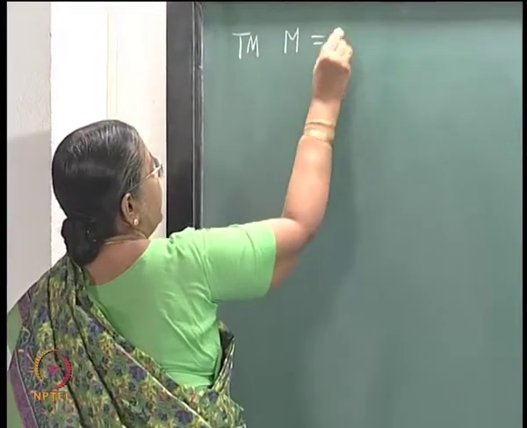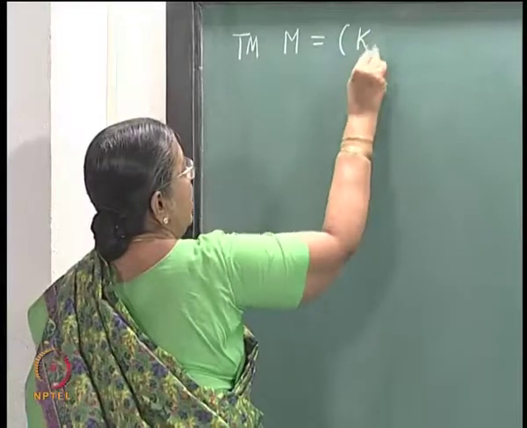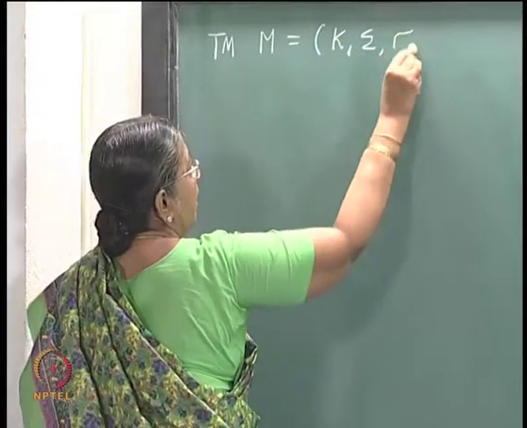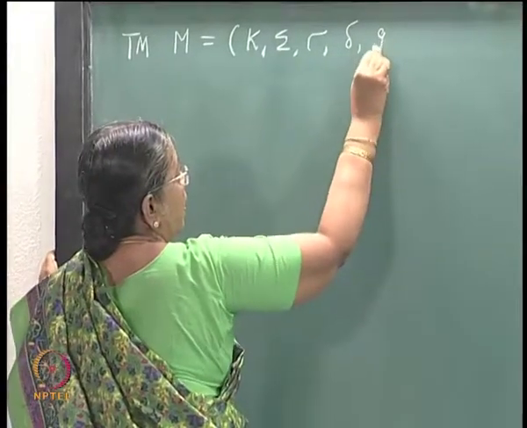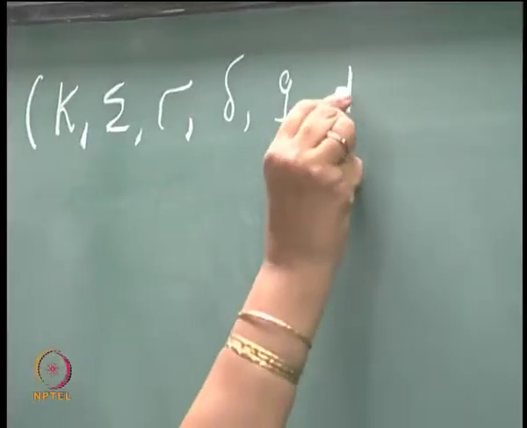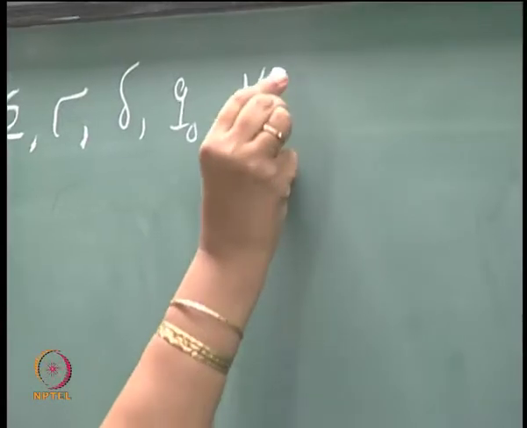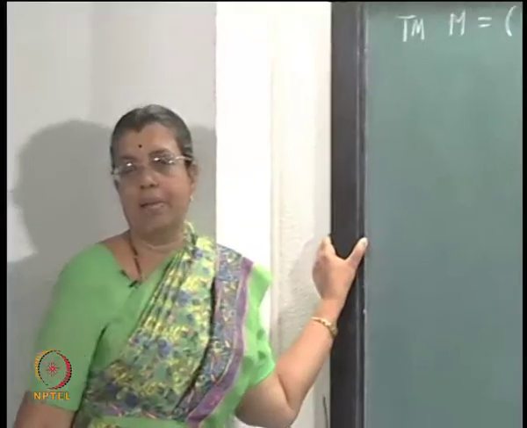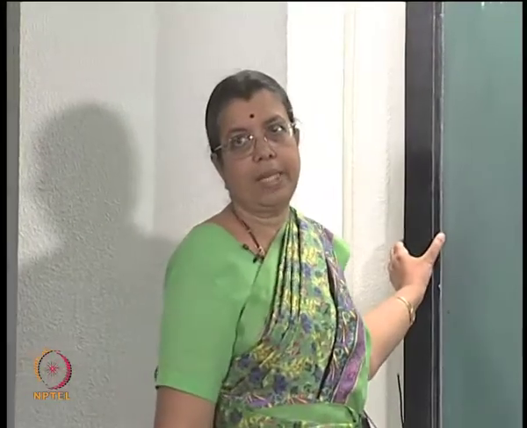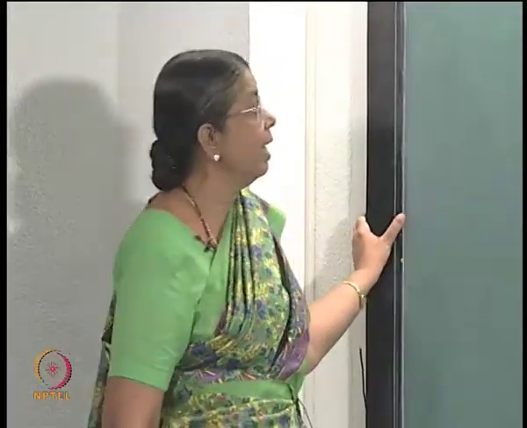say M, is taken as a 7 tuple: K, sigma, gamma, delta, q naught, blank, F. So, 7 tuple, sometimes it is given as a 6 tuple, where the blank is not given separately.